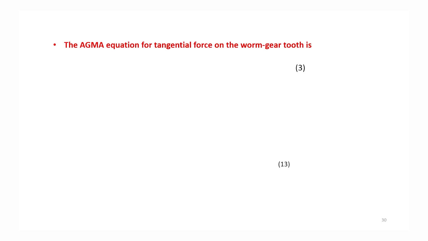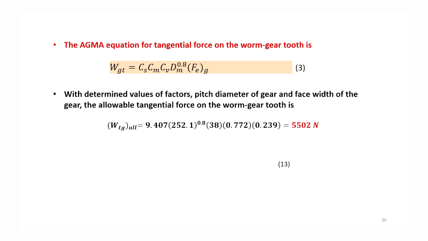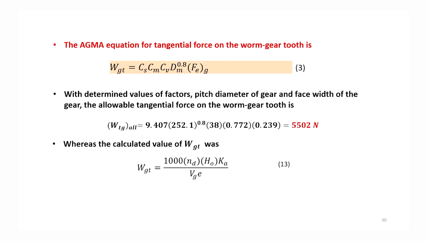Now the AGMA equation for tangential force on the worm gear teeth is this one. With all factors determined, with the determination of this Cs, this all, the W tangential allowed has come as 5502 Newton, and the WGT which was determined is equal to 5406 Newton.